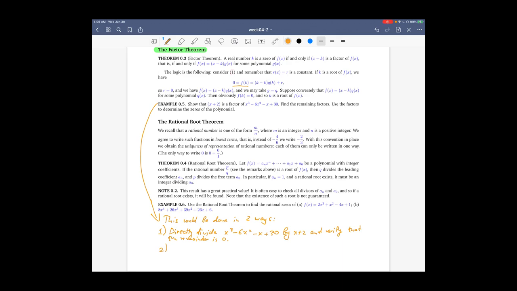Another way is to directly plug x equals minus 2 into the polynomial.